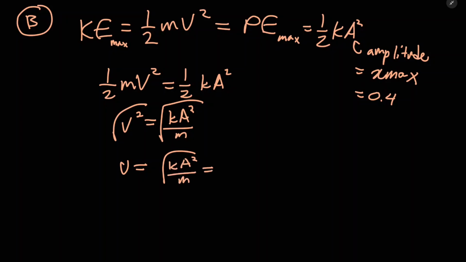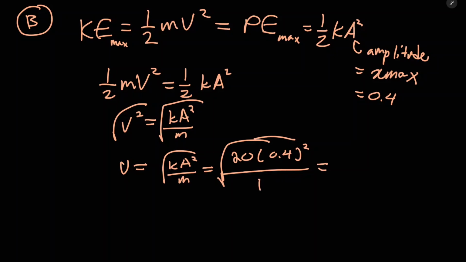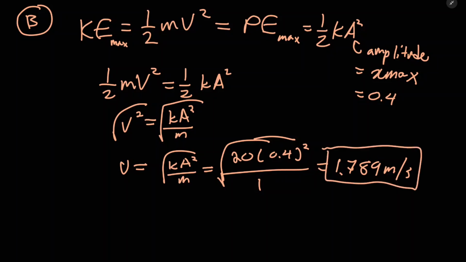Plugging in gives square root of 20 times 0.4 squared. I should remind you guys, don't forget your units, but I'm foregoing them for the sake of simplicity. And then mass is 1, which is really helpful. Solving for this, we get 1.789 meters per second for our maximum velocity.